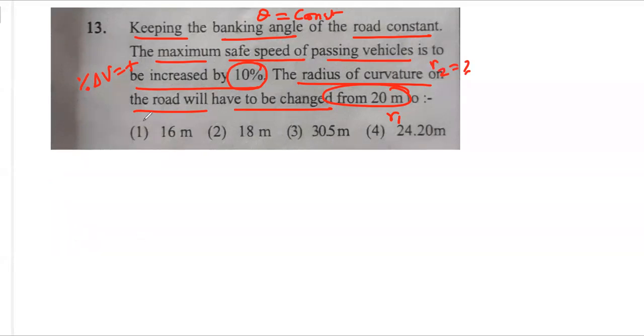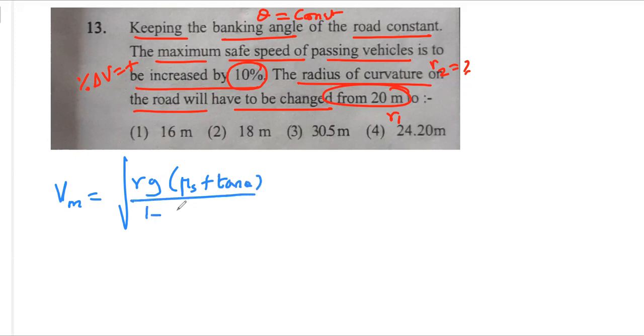Direct banking of road. We know Vmax is equal to root of Rg into (mu s plus tan theta) by (1 minus mu s tan theta). Like I told you in many classes, whenever you have multiple variables, whatever is constant, you neglect it, and only focus on the variable.